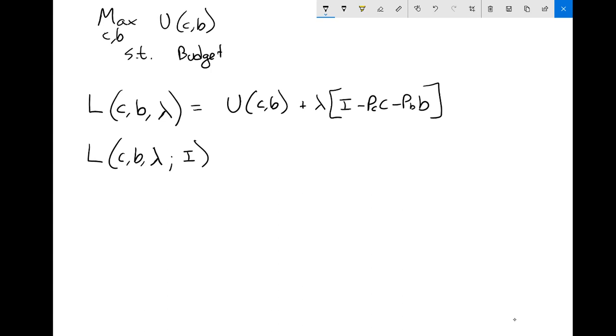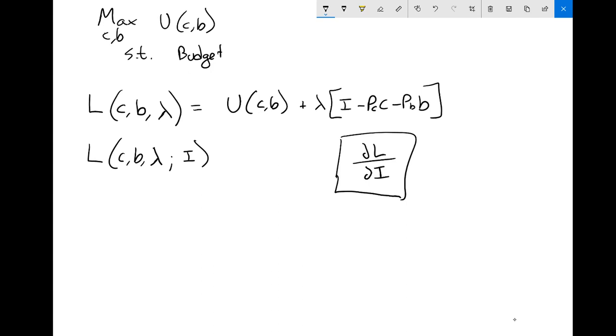So here we have variables and then we have parameters. Okay, so then I want to know how does a change in income affect the overall utility? All right, so that means I want to know this. This is what I want to know. How does a change in income affect a change in the overall utility?